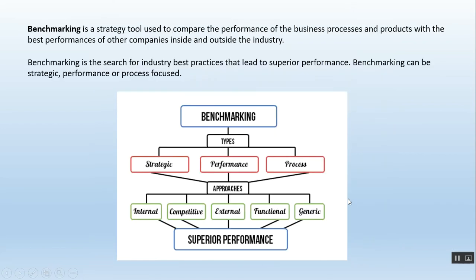Another tool that companies use is benchmarking. It's a strategic tool used to compare the performance of business processes and products with the best performances of other companies inside and outside the industry. It is really the search for best practices that lead to superior performance.